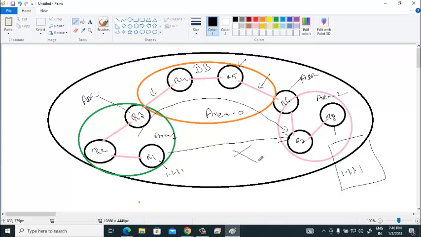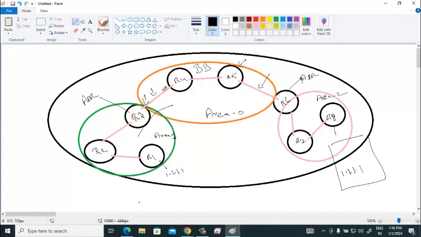Even if I have a wire connected here, these two will not form a neighbor. Why? Because this is in area 1 and this is in area 2. They don't form a neighbor. To form a neighbor, both ends of the link should be in the same area. You see, this end is in area 0.